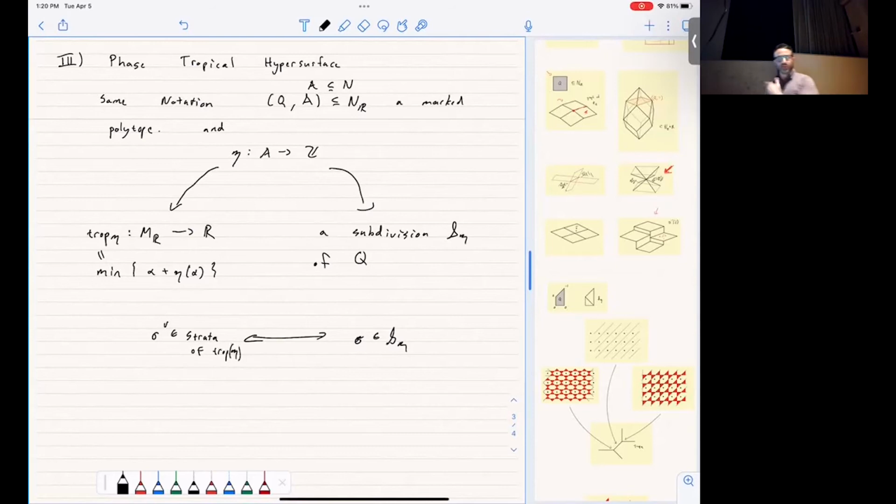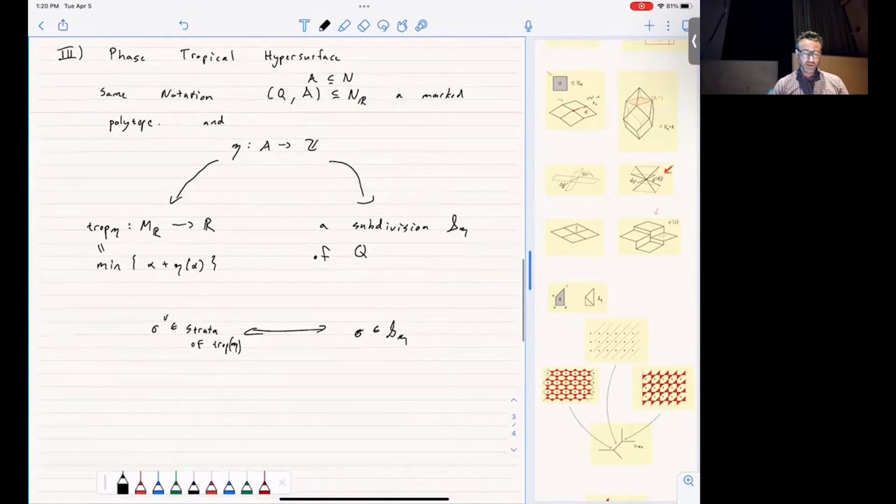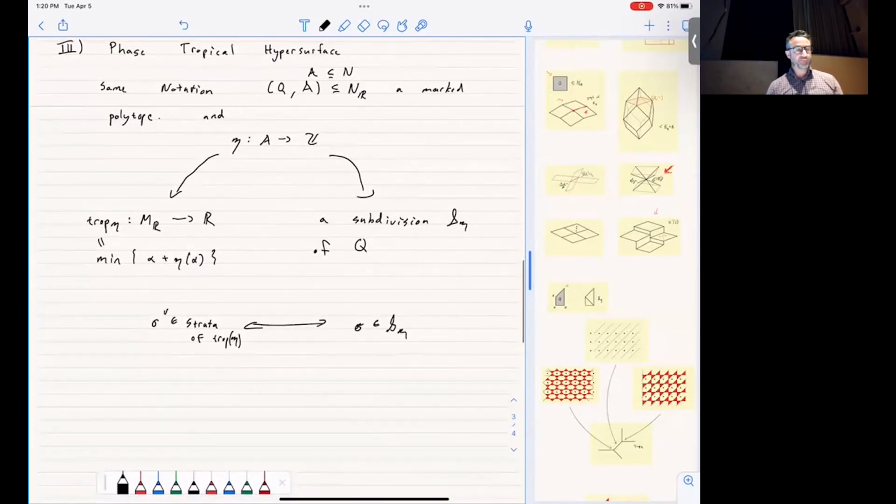Lowercase trop is a function. The corner locus, of course, is our tropical hypersurface. But we can also include the maximal strata as well, if you want, in this bijection.